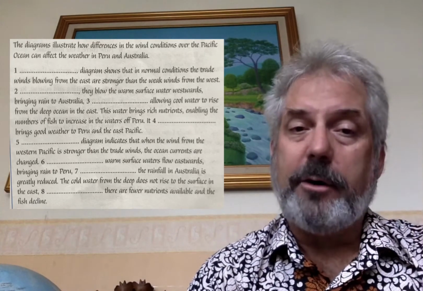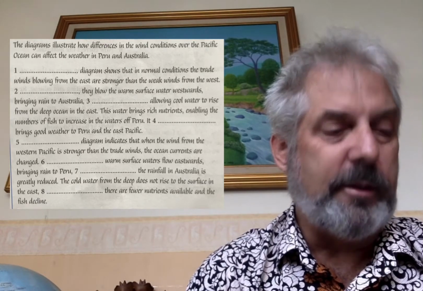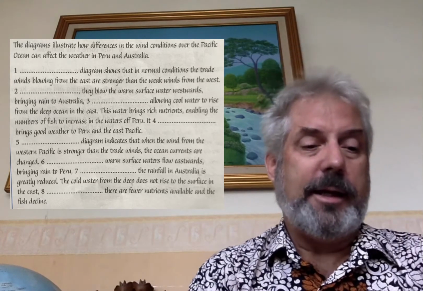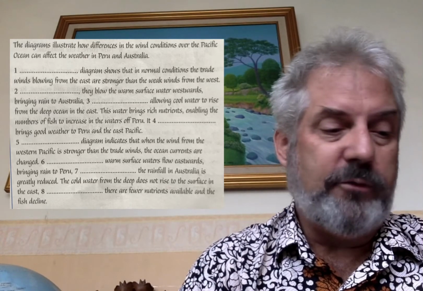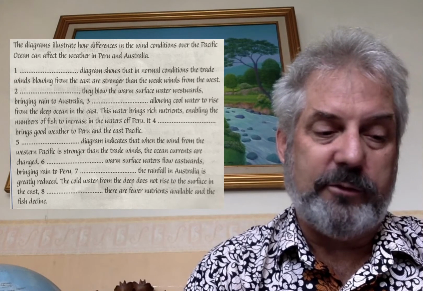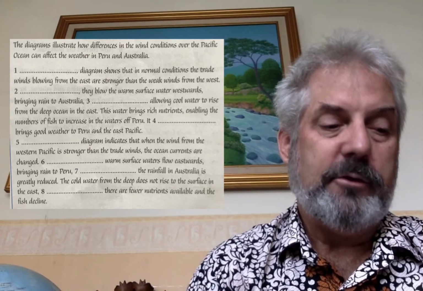The next paragraph describing El Niño conditions begins with number 5. The second diagram indicates that when the wind from the Western Pacific is stronger than the trade winds, the ocean currents are changed. 6.